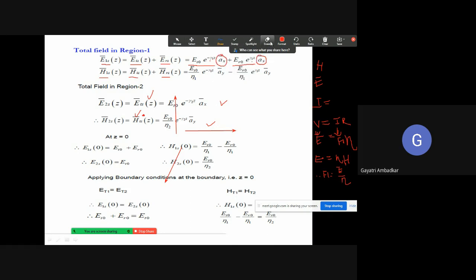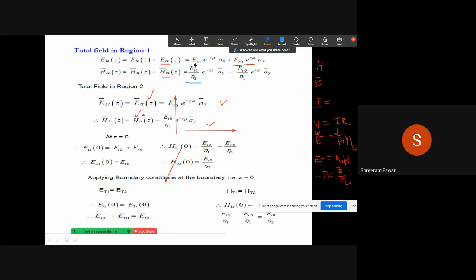So look at the second equation. This H we are writing in terms of E. HIS, the incident part of the magnetic field, is equal to the incident part of the electric field divided by eta 1, into e raised to minus gamma 1 Z. Clear?